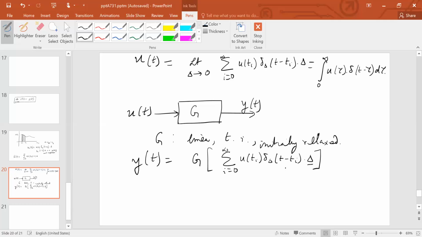Therefore, we can pull out the delta outside, and we can write this as the sum over i equals 0 to infinity of G of u of ti delta of t minus ti. This is due to the linearity property.